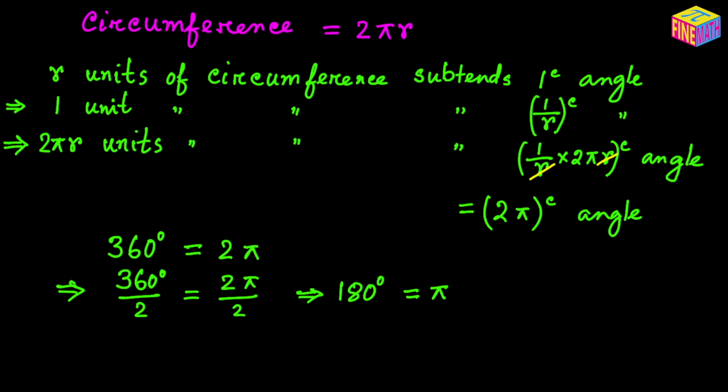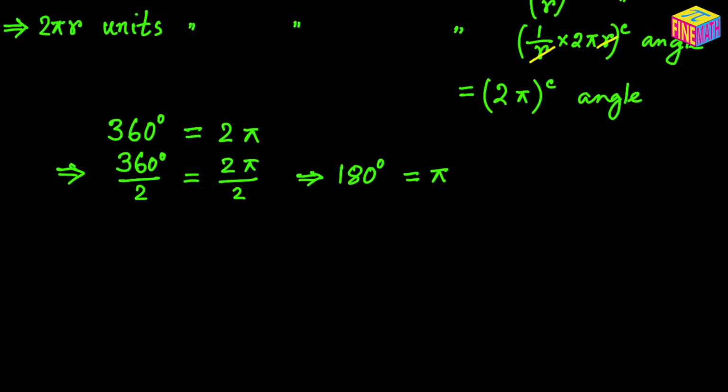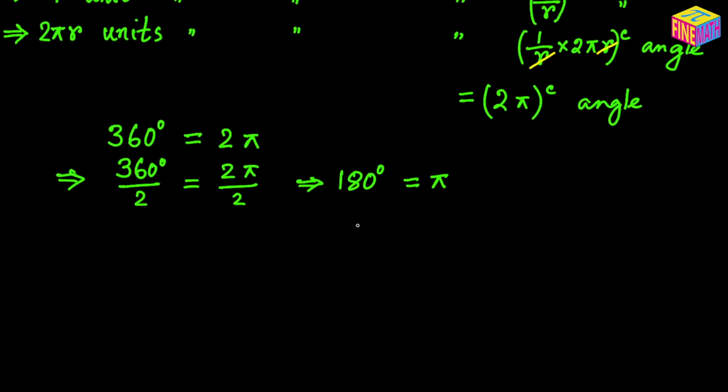Then if we continue this math a little more, I'm going to divide both sides by 2 again. So this side will become 90 degree. 90 degree would be pi by 2 radian. And again, if we divide this by 2, that would be 45 degree. 45 degree will be equivalent to pi by 4 radian.